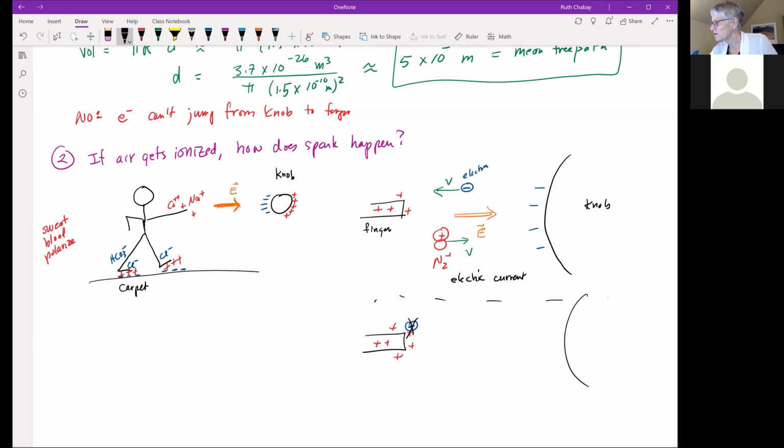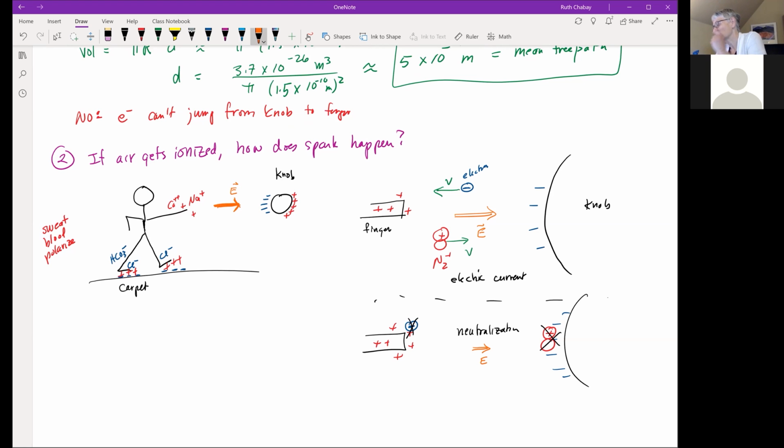And likewise, one of these ions will eventually get here, and it will cancel out some of the charge. It's a quantitative question of how much charge, but it's certainly going to decrease the electric field, right?